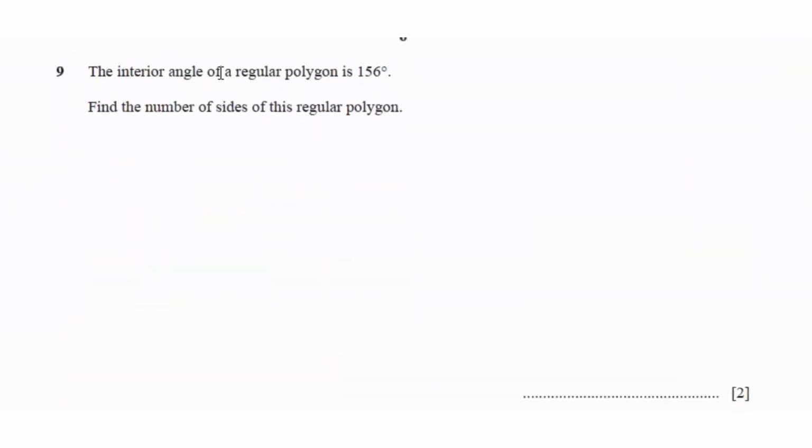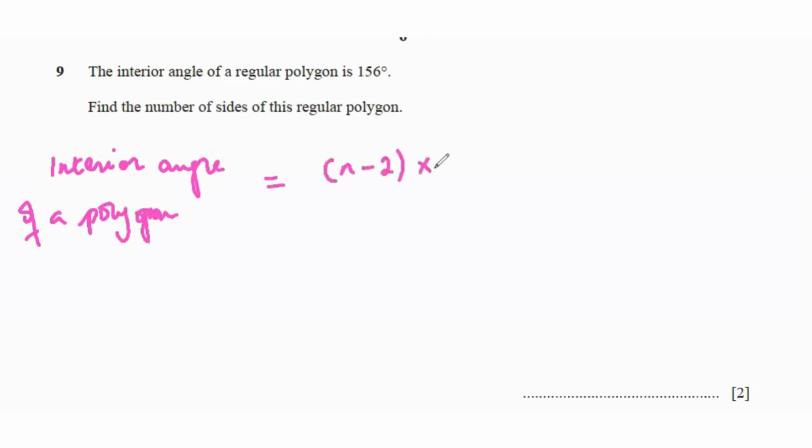Question 9 says the interior angle of a regular polygon is 156 degrees. Find the number of sides of this regular polygon. For the interior angle of a regular polygon, the formula we use is n minus 2 times 180 divided by n. n is your number of sides.